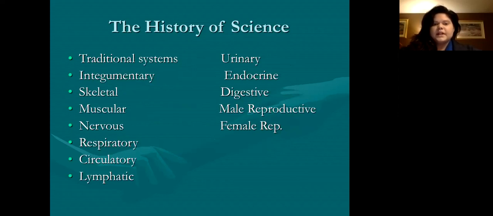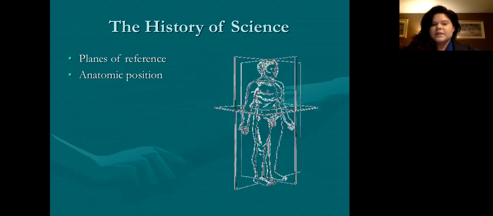We've got different systems: integumentary, skeletal, muscular, nervous, lymphatic. These are all specific to humans. We have planes for reference. These are very important to know.